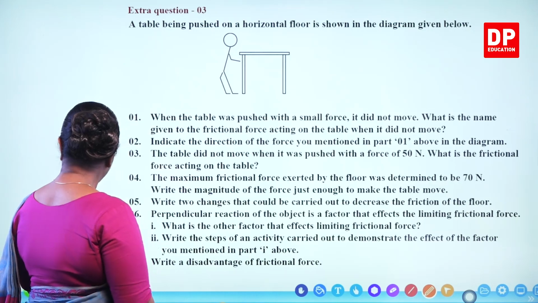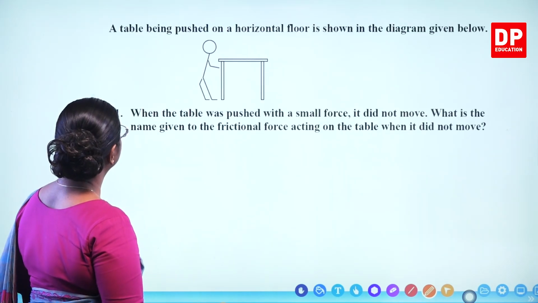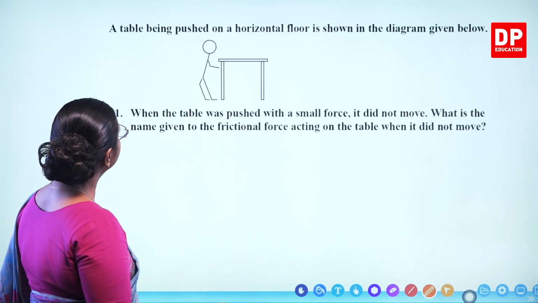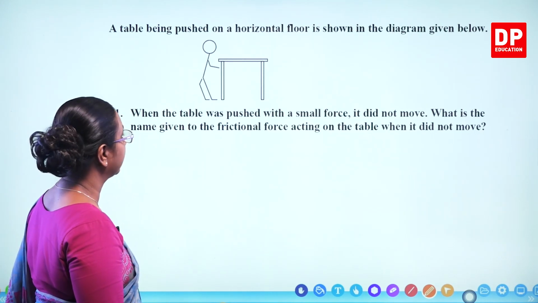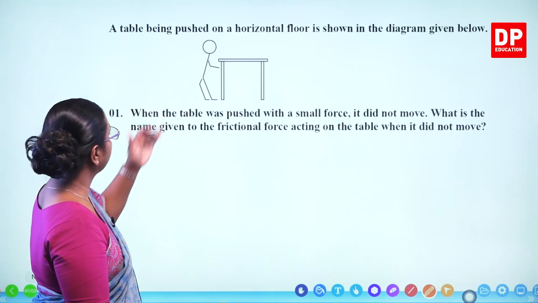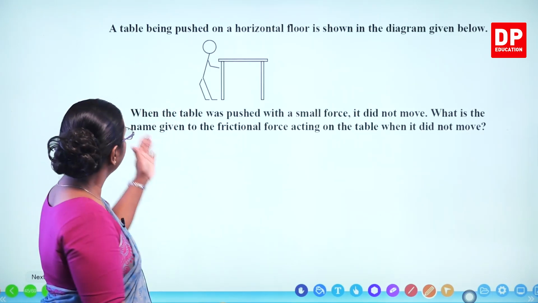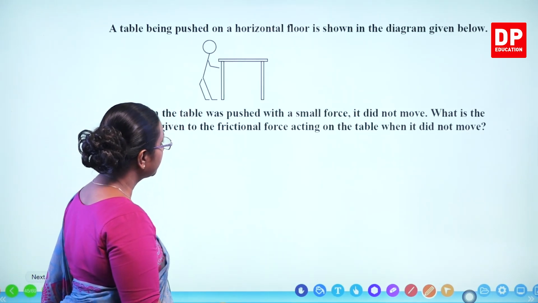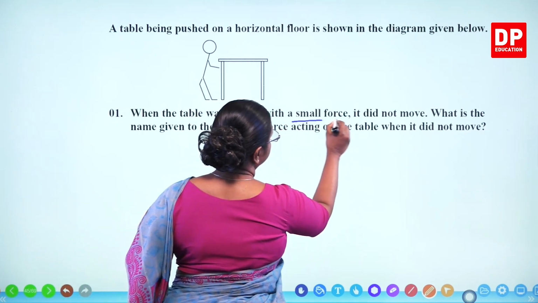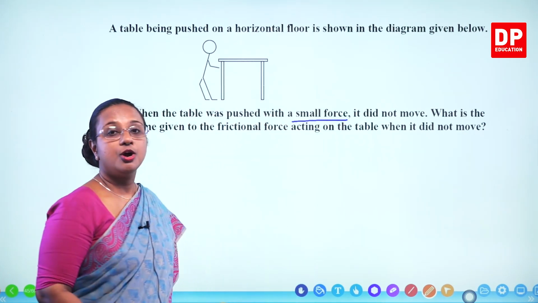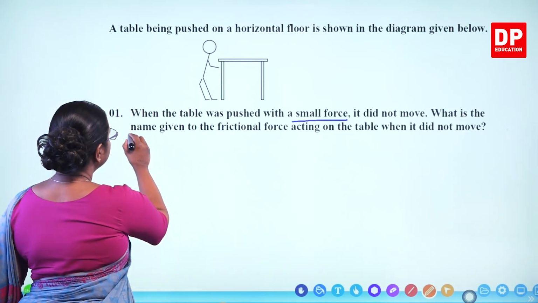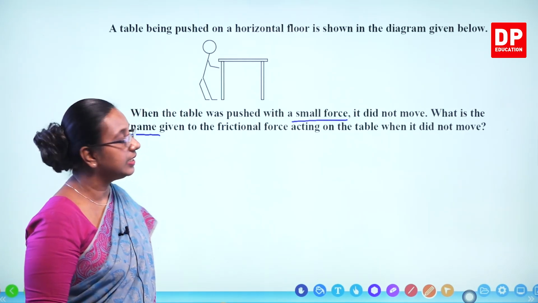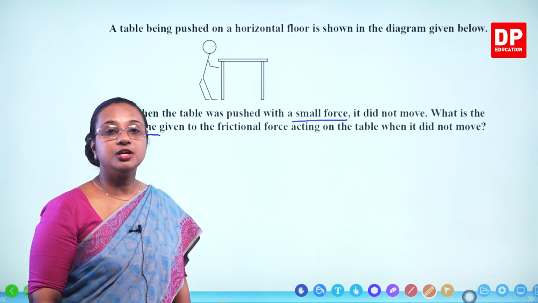I will move on to the first part of the question. A table being pushed on a horizontal floor is shown in the diagram given below. You can see that here. When the table was pushed with a small force, it did not move. What is the name given to the frictional force acting on the table when it did not move?